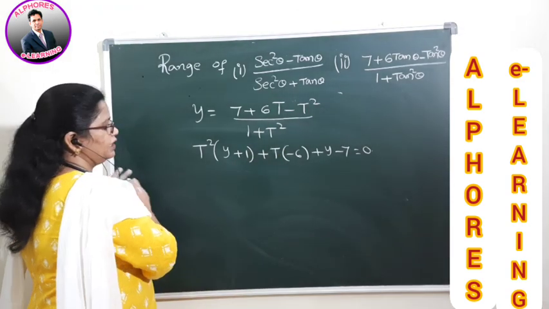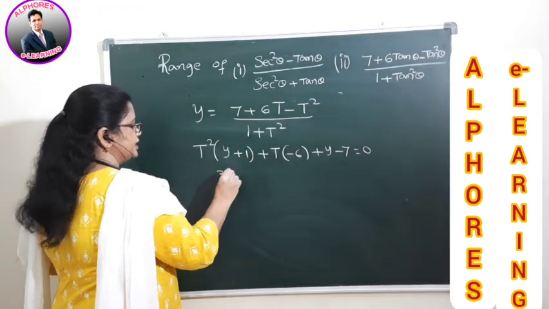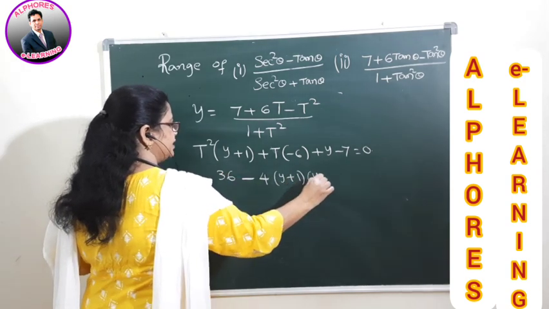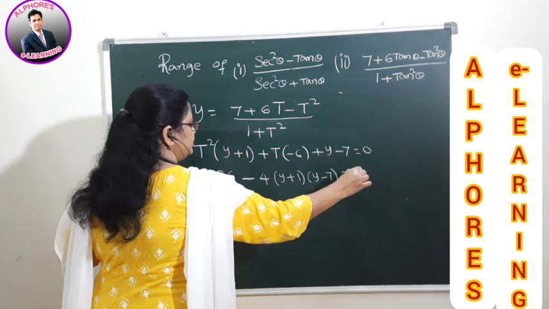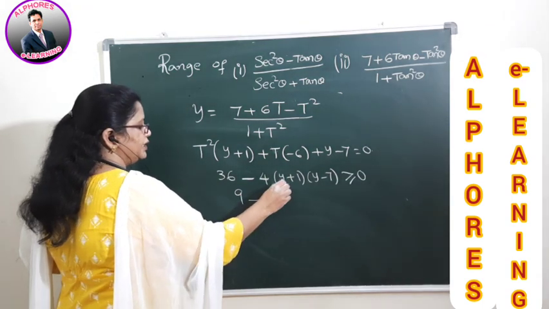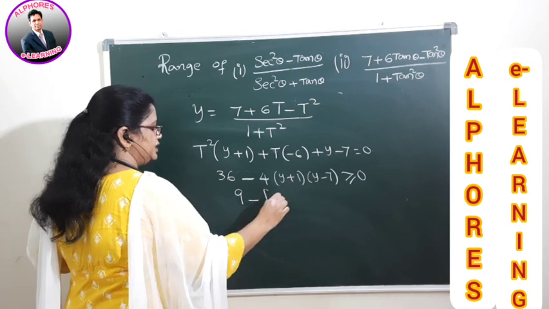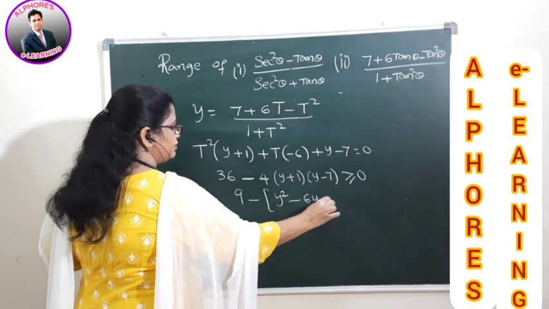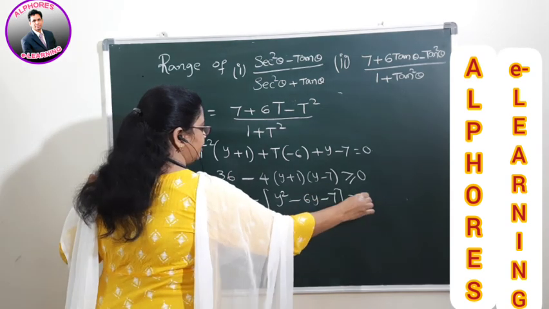That implies, what are our values here? 36 minus 4 into (y plus 1) into (y minus 7) is greater than or equal to 0, right? If I divide by 4, it is 9 minus, and if I multiply, it is y square, and minus 7y plus y implies minus 6y, minus 7, greater than or equal to 0.